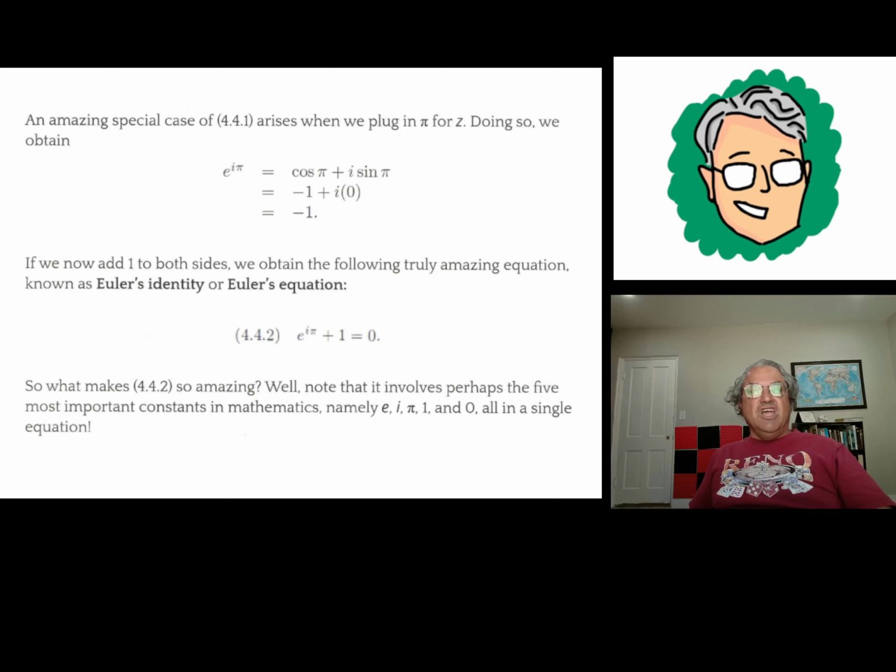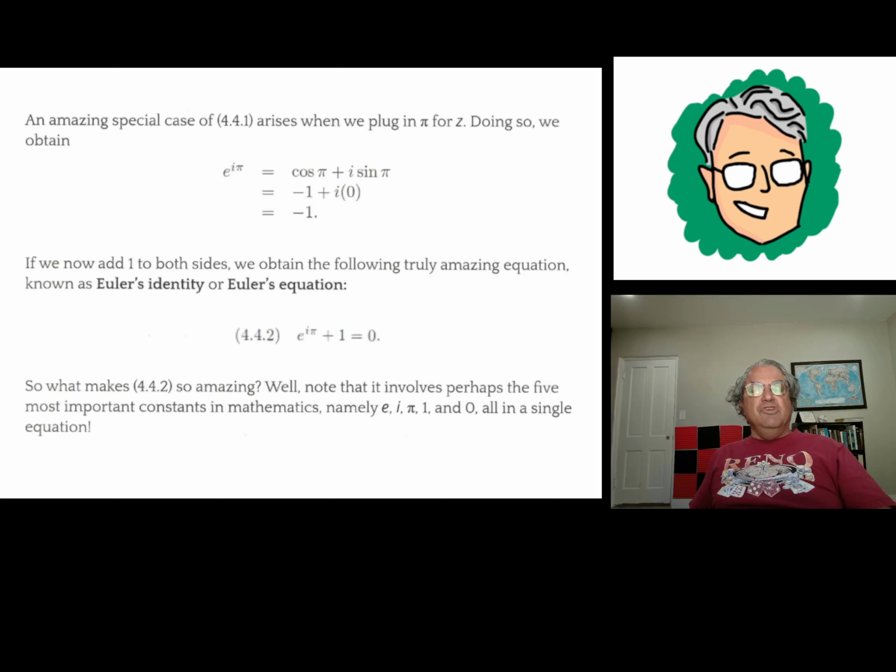If you like, 0 is the additive identity element of the integers, and 1 is the multiplicative identity element. So those are the two most important integers, and also the two most important rational numbers in mathematics.